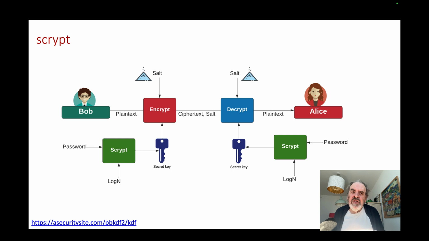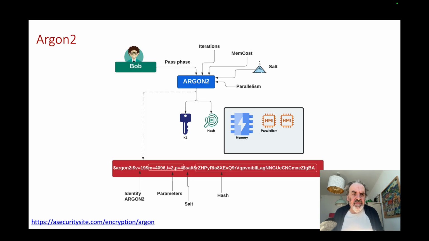Another popular one is scrypt, and that's often used in Linux systems, and has quite a simple parameter that we set that will define the number of rounds that we have for our hashing method. Argon2 is a more up-to-date method. It tries to defeat GPUs for memory, the parallel processing and so on.